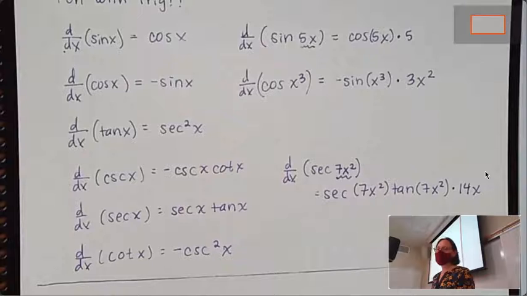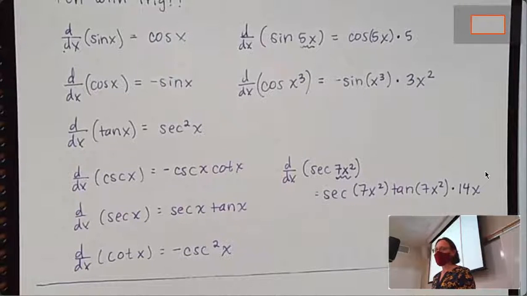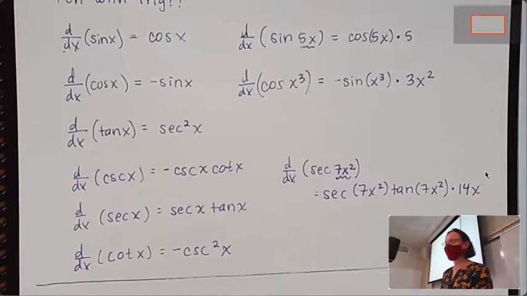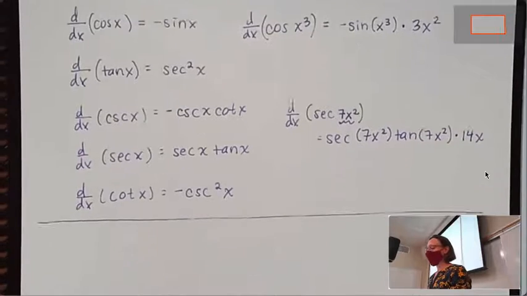Oh, can I write out the chain rule for reference? I could, but as a formula, it looks dreadful. So I really think that chain rule is better explained with examples.